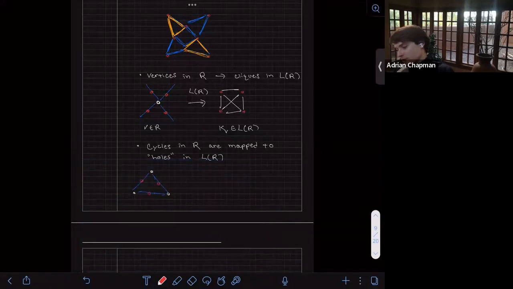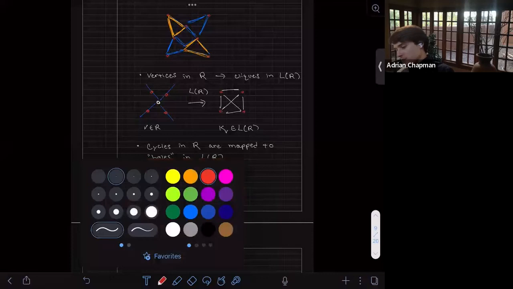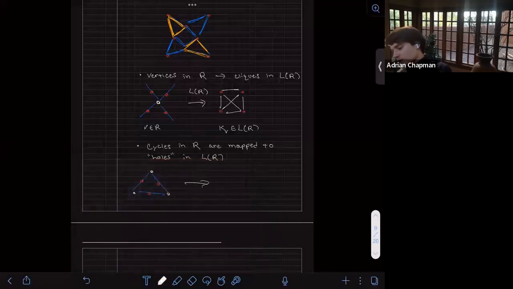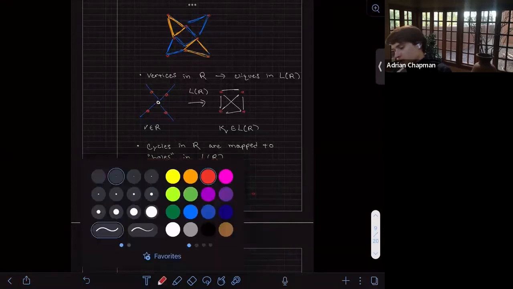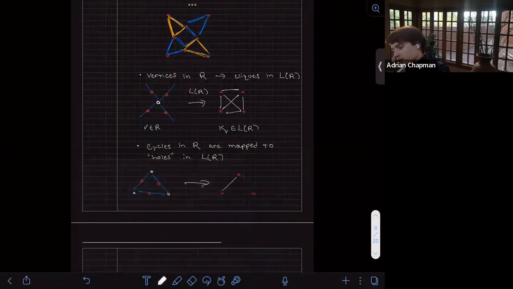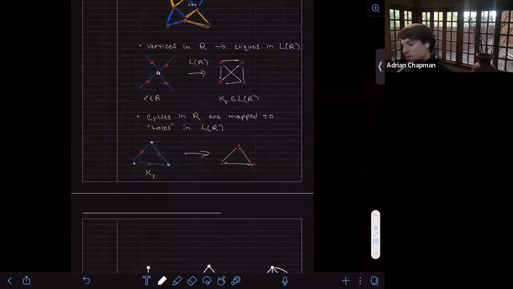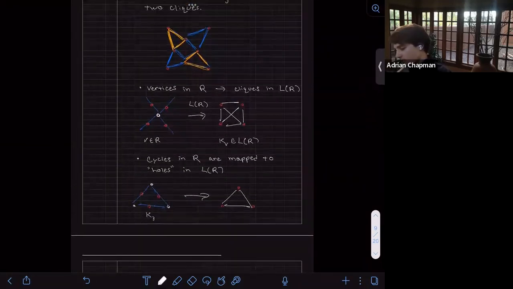So this is both a clique and a cycle, and under the line graph mapping, it's mapped back onto itself. For cycle graphs, this is a general property: every cycle is mapped onto a cycle under the line graph mapping. But because this graph, K3, is both a clique and a cycle, we add another new page.